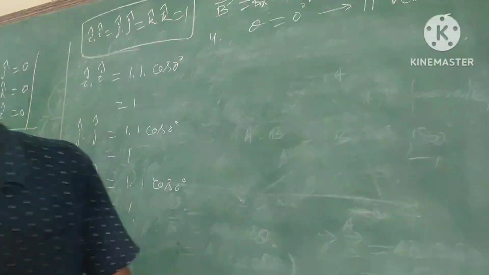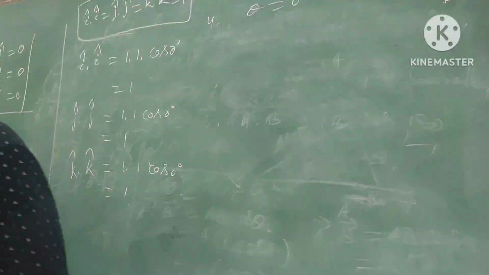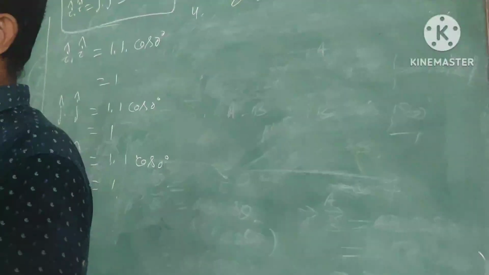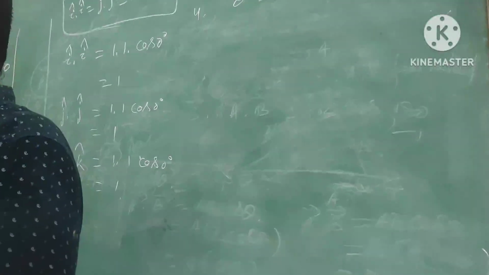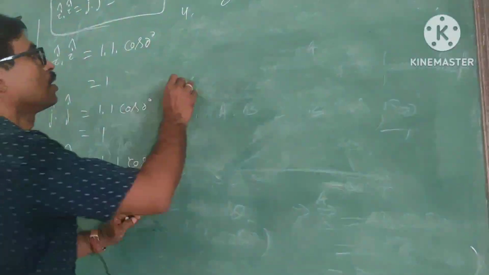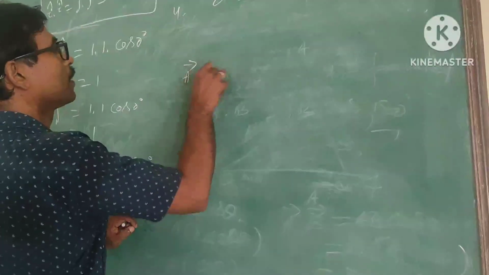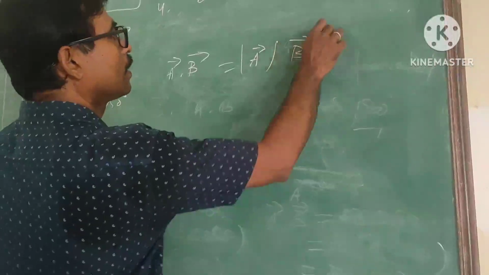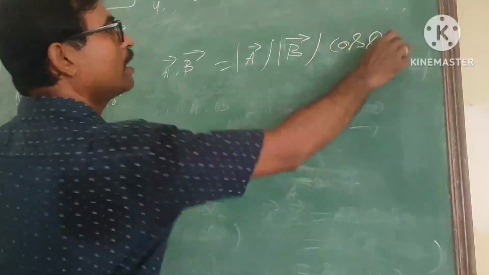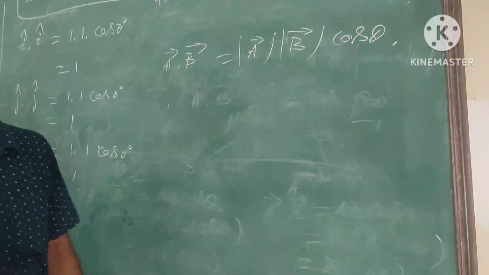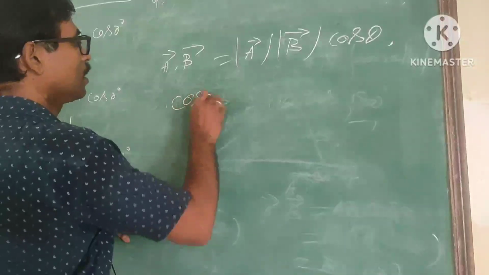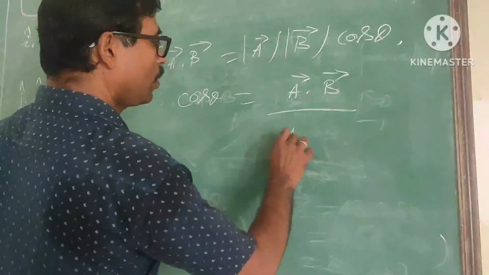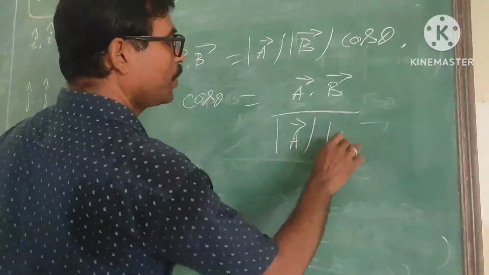How can you find the angle? Suppose vector a and vector b, their dot product is ab cos theta. So a dot b is equal to ab cos theta. So how can you find the angle between them? Cos theta is equal to vector a dot vector b over mod a mod b.